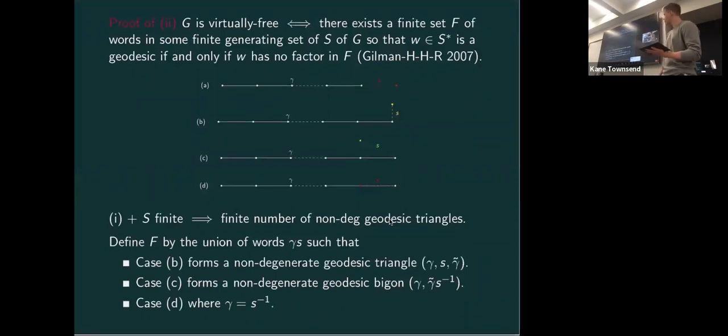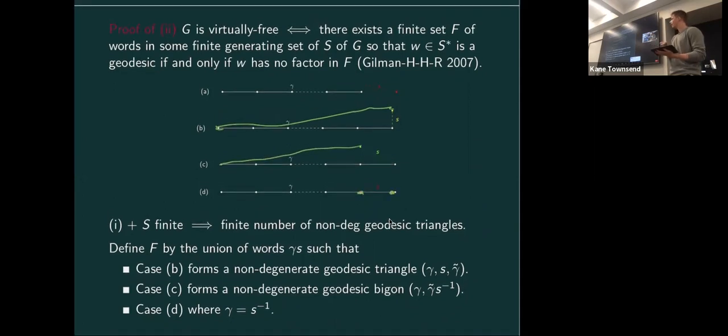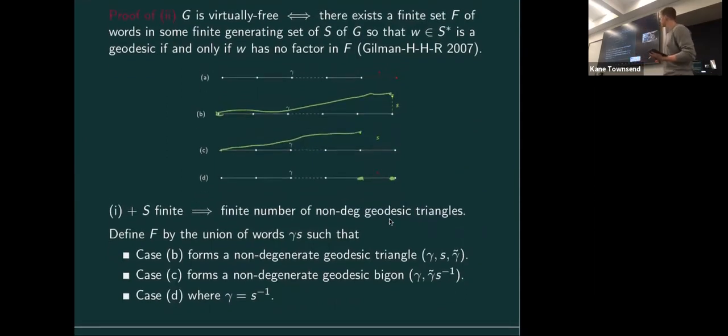And so what we're going to do is define F by the union of the following words, gamma S, such that we take the cases from case B that give us a non-degenerate triangle, so it doesn't travel along this geodesic at all, or B, which goes like this, and then also case D, where we've just got S and then S. If we form F by that, then we're going to have exactly the set that Gilman, Camilla, Holton, Rees would want.